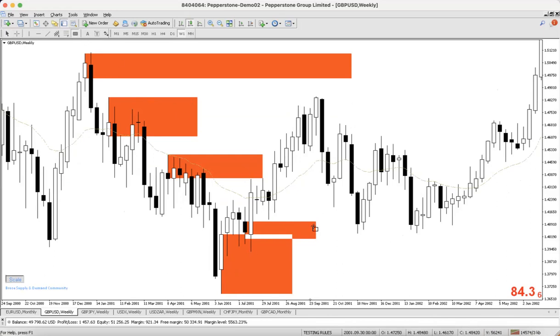So for demand, again here, the market came down, tested this area, shot up, all right? Then the second time, the market broke the area. When the market broke this area, it tested the bottom demand, all right? So look here again. This also is a valid area.